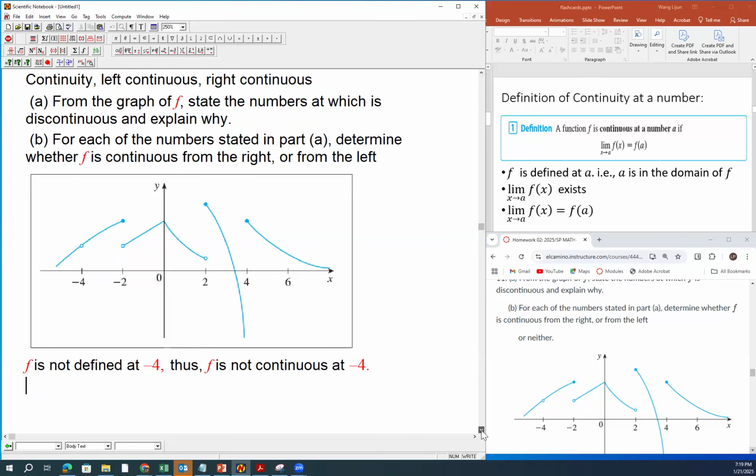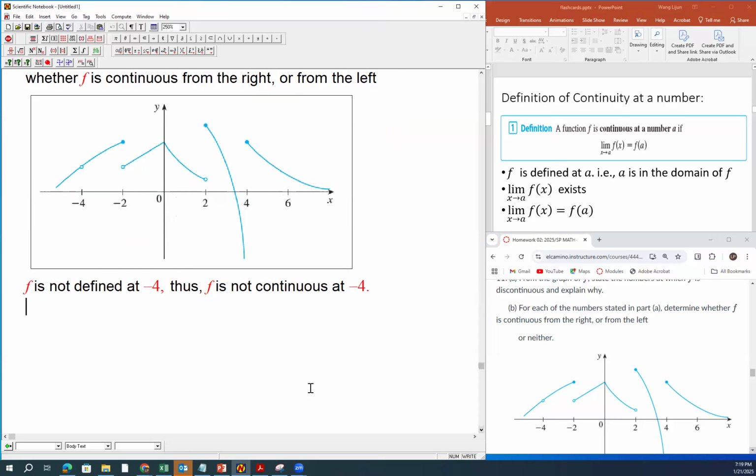So what will make it powerful to state that f is not continuous at -2? From this picture, what can we tell? Well, f(-2) is defined. f is defined at -2. So the first condition is satisfied.